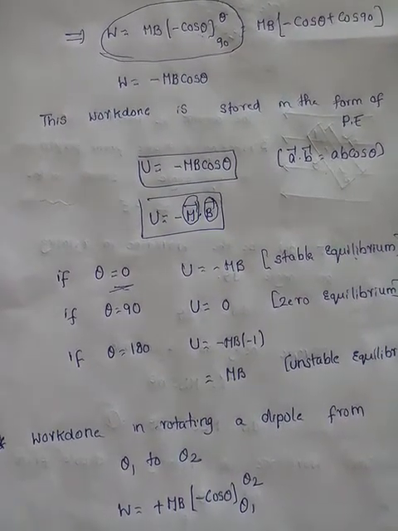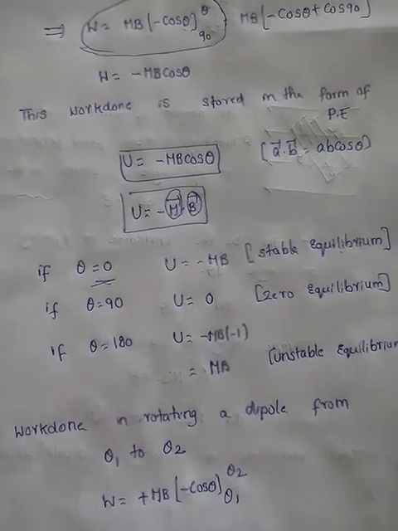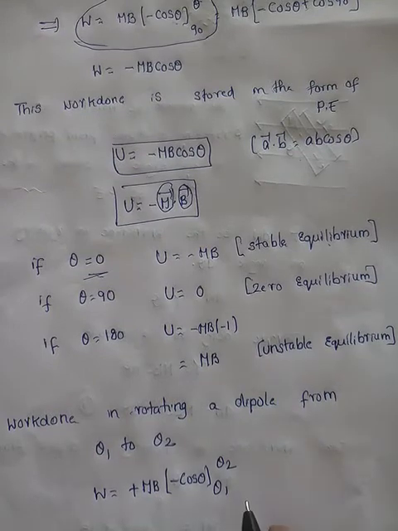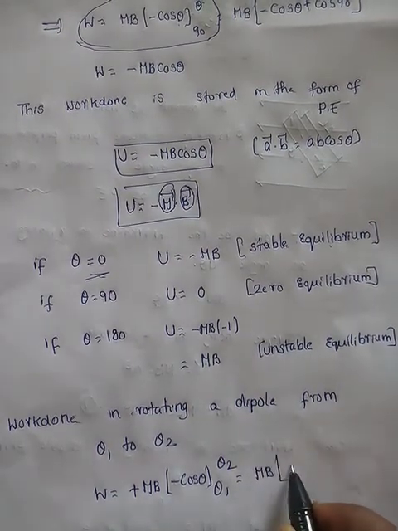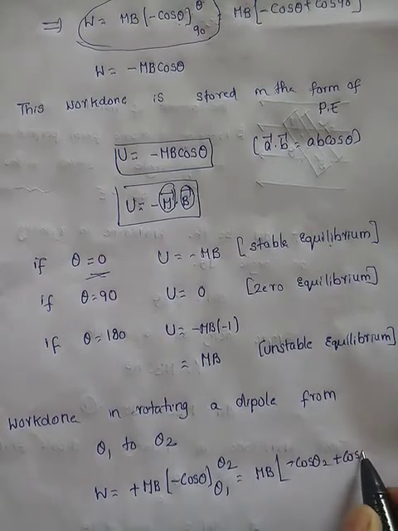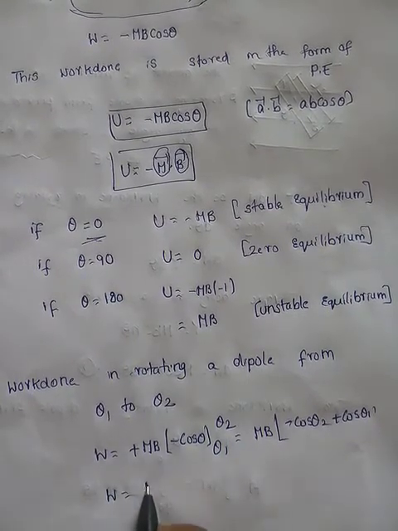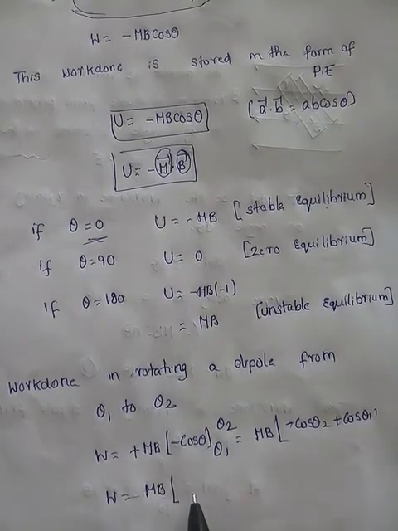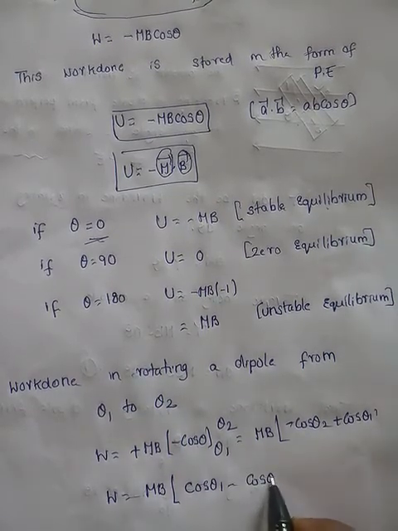They won't give theta equals 180, but we know very well that if it is unstable, theta equals 180, and if it is stable, theta equals 0. Just apply the limits: mB times minus cos theta 2 minus of minus plus cos theta 1. So, work done in rotating a dipole from theta 1 to theta 2 is W equals mB into cos theta 1 minus cos theta 2.